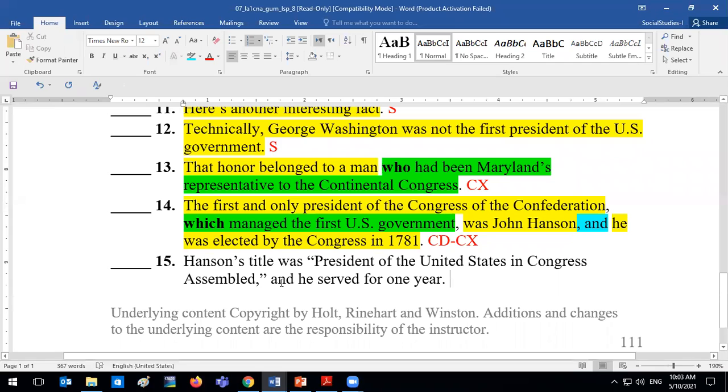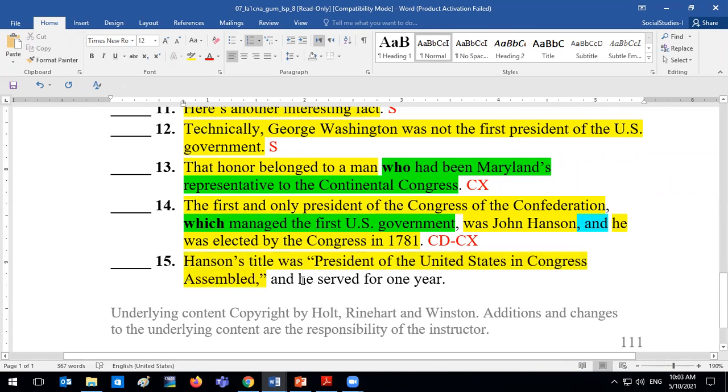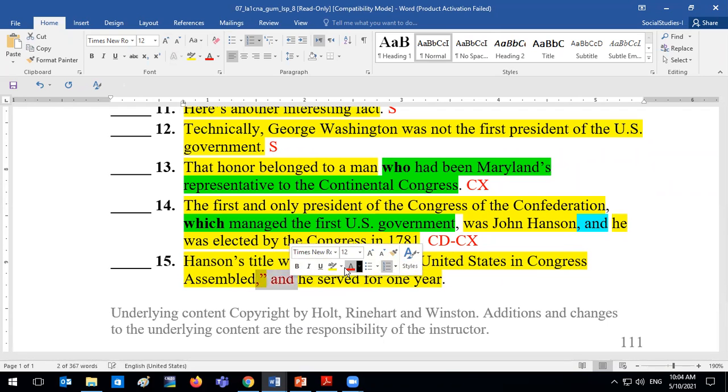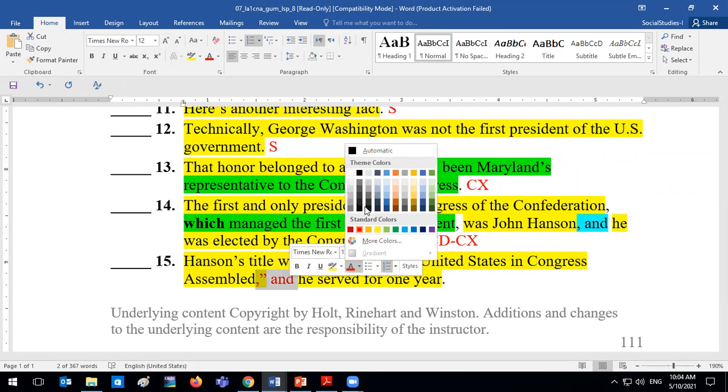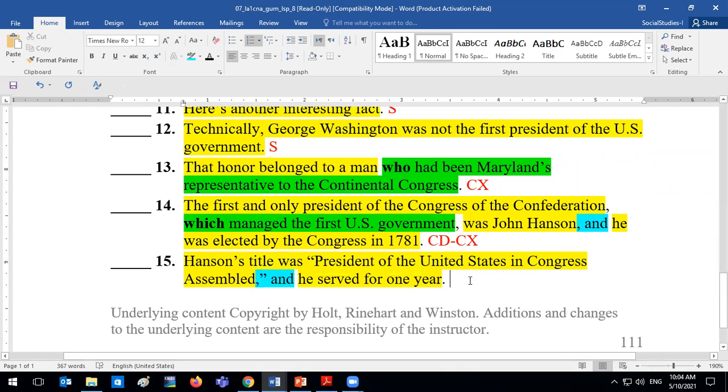Where's my first independent clause? Hanson's title was President of the United States in Congress assembled. Good. The second one is he served for 1 year, and we can tell that it's joined by the comma and, which is my fanboys. Good. So this is a compound sentence.